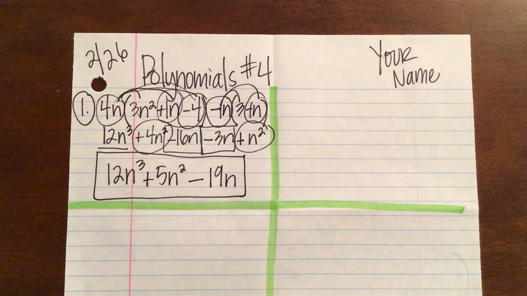So we're just taking the skill, upping the level a little bit, distributive property with multiplying powers and combining like terms.